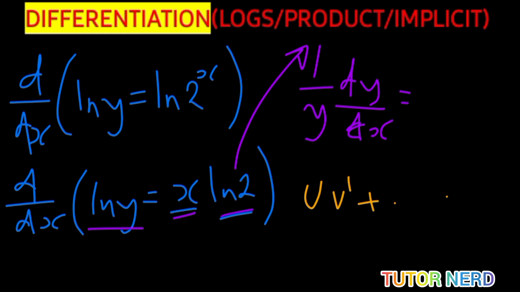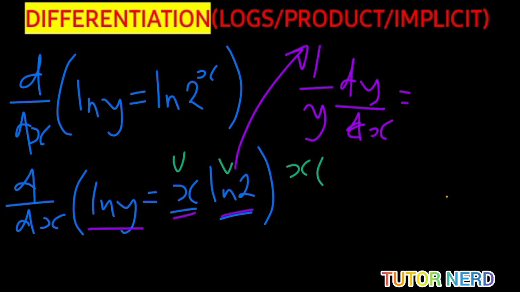Okay, so I think I'm just going to go by the second one. I'll get my u the way it is, which is x. This is my u, then this is my v. I multiply it by the derivative of the second function, which is ln 2.